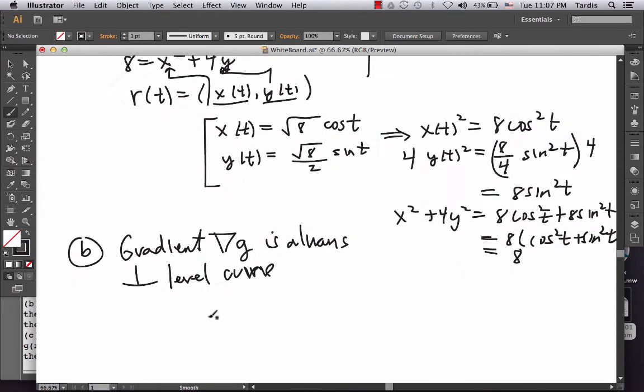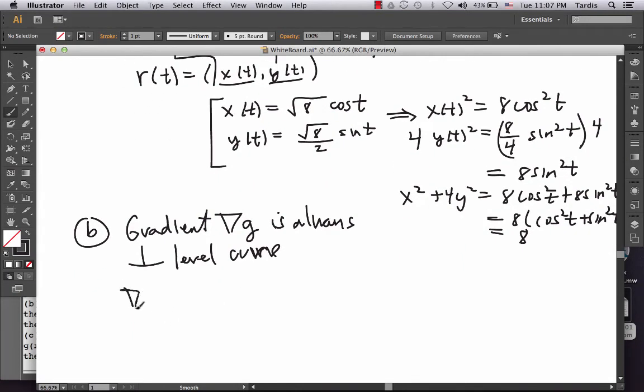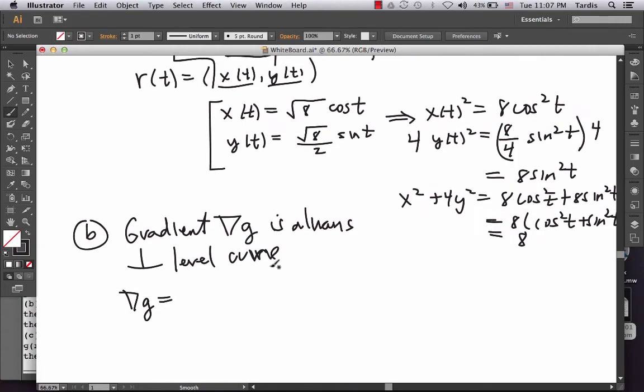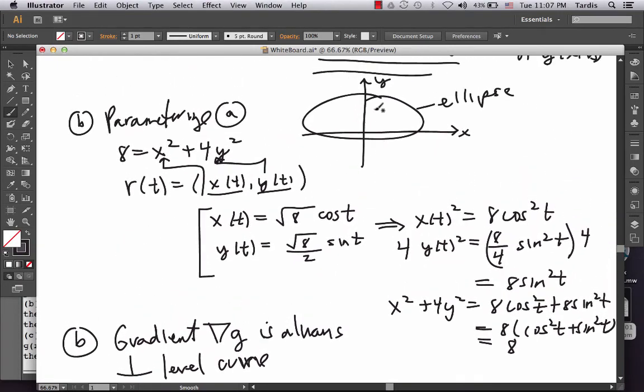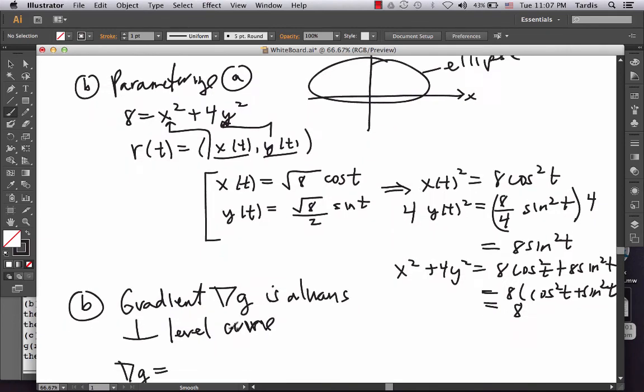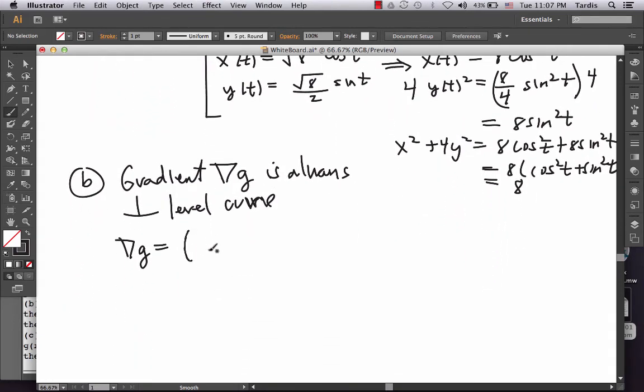If you compute the gradient, the gradient of your function g is 2x, 8y.